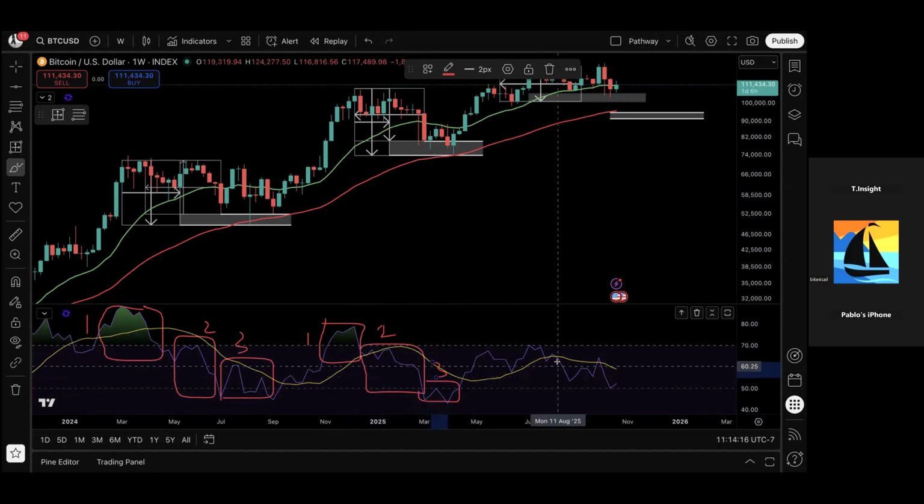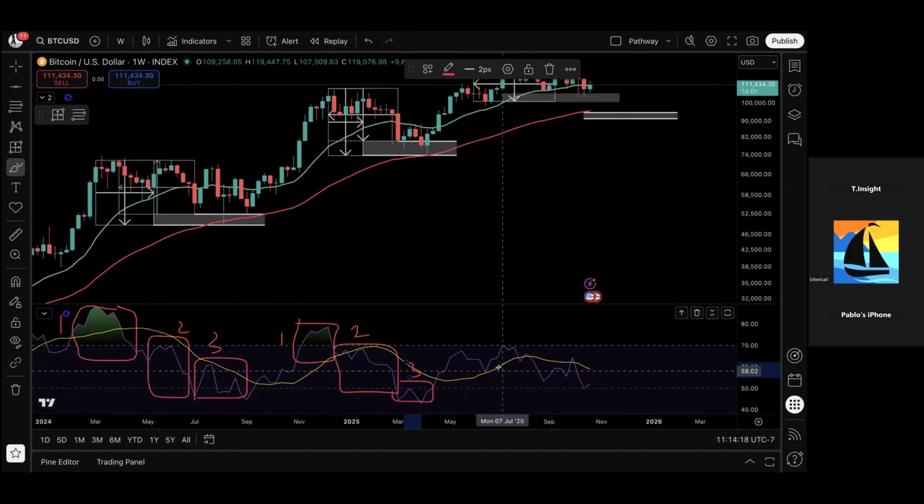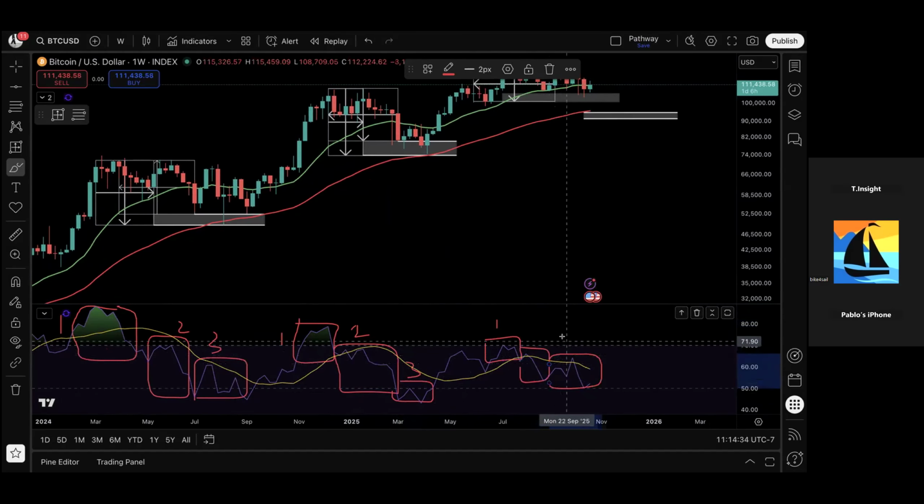Now, the uncertainty lies within this structure because I know this is 1, right? But I'm not sure if this top here is 2 and this being 3. Because if that's the case, then there is a possibility that we have bottomed.